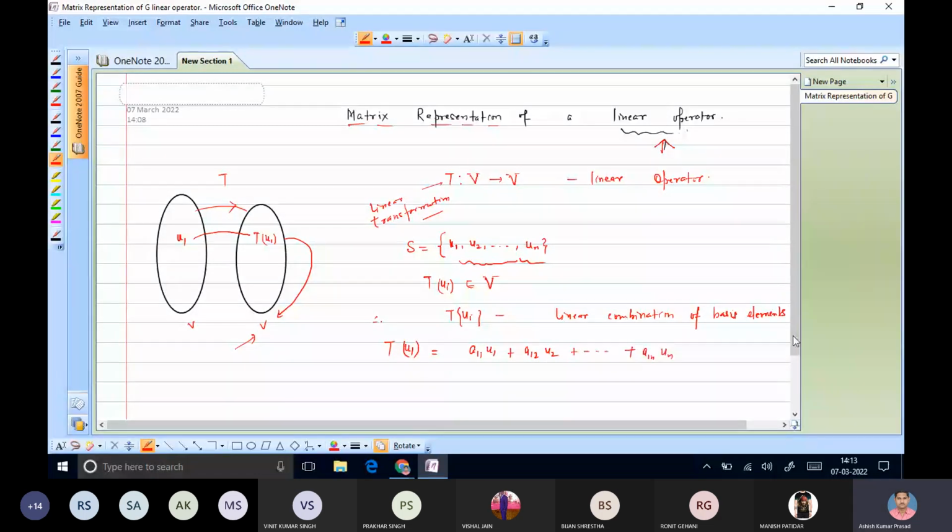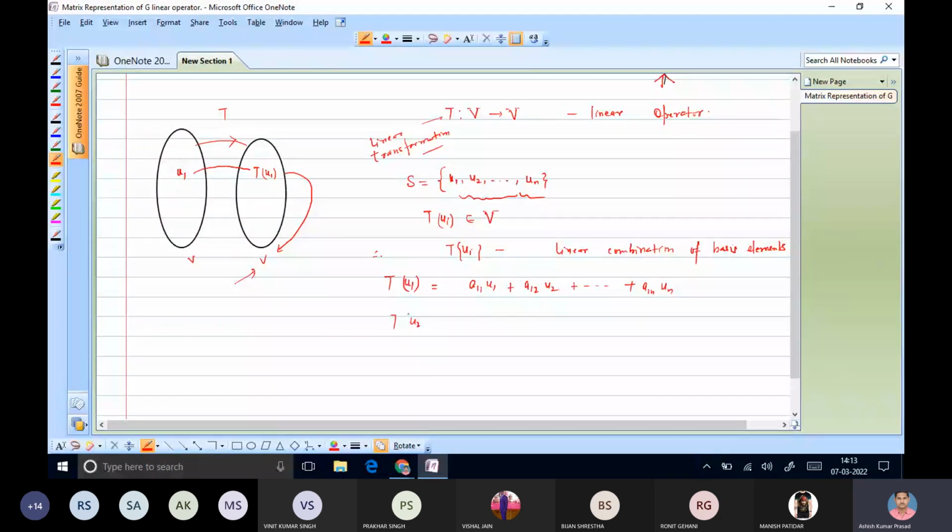Similarly, if I pick U2 and take its image under T, I will get TU2, and because again it is an element of V, I can write it as a linear combination of UIs.